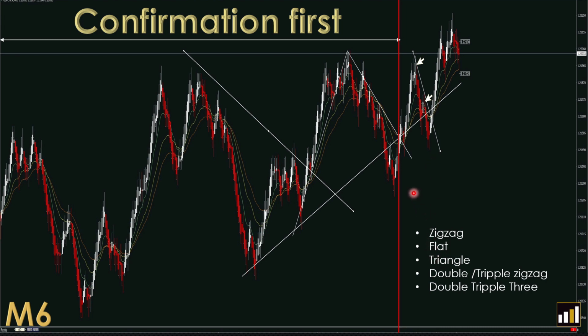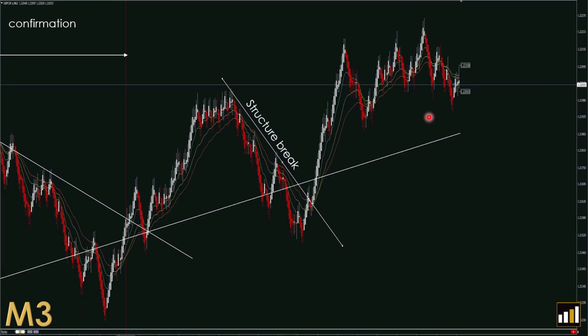If it's a triangle, then we are looking for the breaks of the triangle. Whether it's a trend like this one, a zigzag sort of trend, then we are looking for the breaks of that. So this is our M3 now, and this structure comes from our M6.